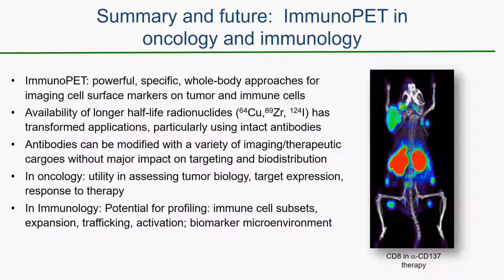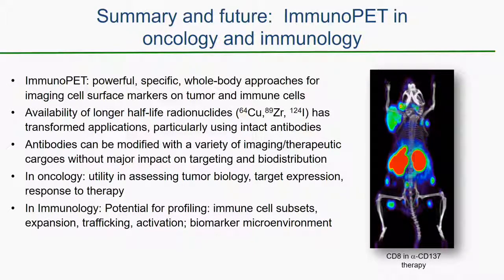We've just gone a little bit farther to do these engineered antibody fragments, and antibodies can be modified with a variety of imaging or therapeutic moieties, such as alpha or beta emitters, certainly, or toxins, or a variety of therapeutic cargoes, without major impacts on targeting and biodistribution, because they are such relatively large proteins compared to the cargoes that we typically are attaching to them.